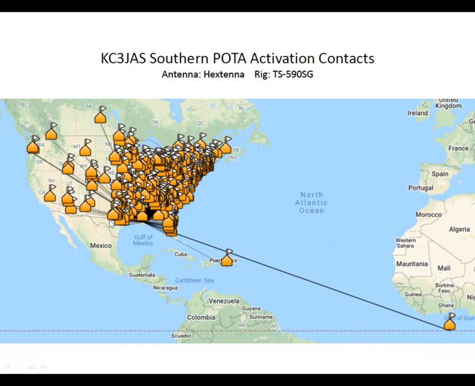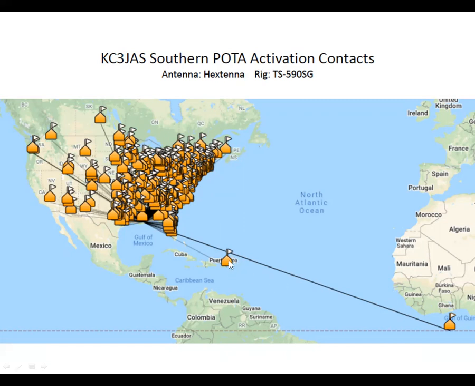And this is a plot of using that hex antenna we just looked at, doing Parks on the Air when we were down south. We operated in one park in Florida outside of Orlando, and then we went to New Orleans. I think we did 3 or 4 parks there, and these are all the contacts that were made with that antenna, which is extremely good range for a portable antenna.